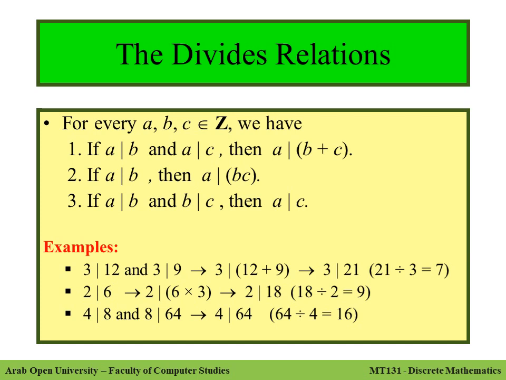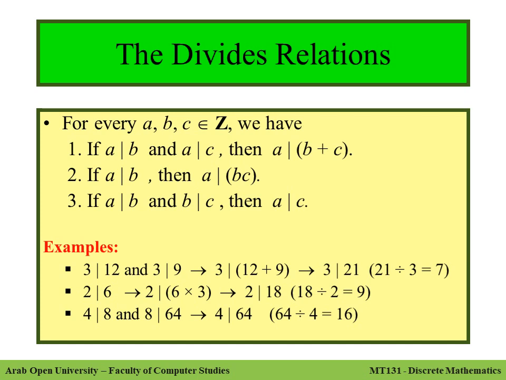And here is an example. We know that 3 divides 12, and also 3 divides 9, so it must divide their sum. 3 divides 12 plus 9, or 3 divides 21, and of course this is true because 21 divided by 3 is a whole number, it's equal to 7.